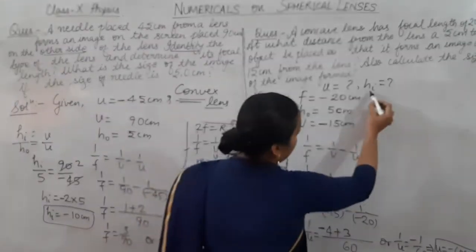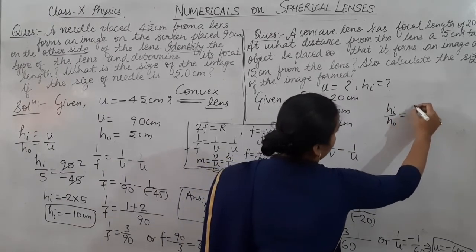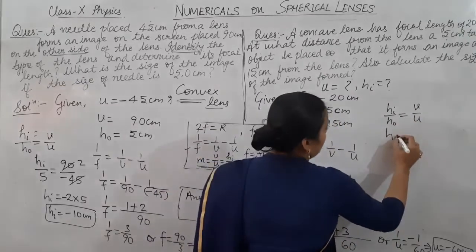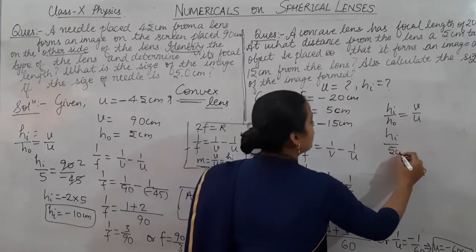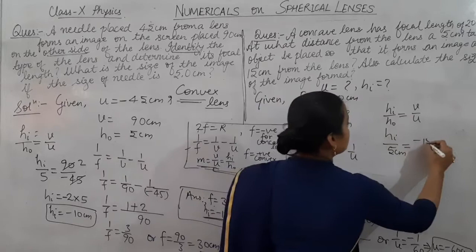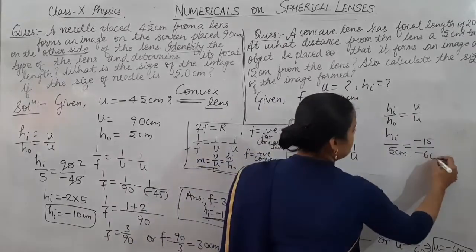One more thing we are asked to find, that is HI upon HO is equal to v upon u. Just put the values. HI upon HO, which is given here, 5 centimeter, is equal to v, minus 15 centimeter, upon u, which we found as minus 60 centimeter.